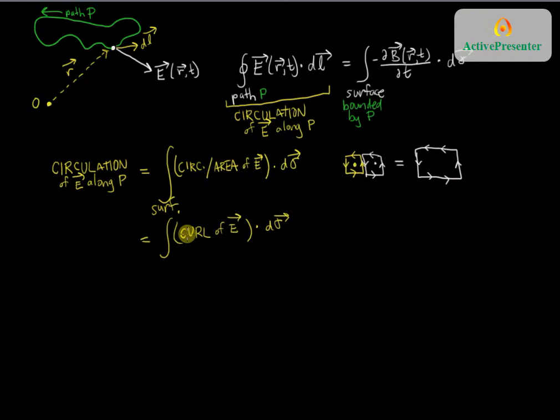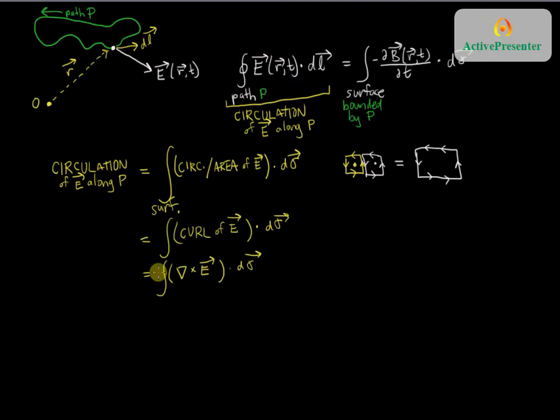And now mathematically, it turns out that the curl of E can be written using a del operator, as something you've seen in your math courses. The mathematical definition of curl is del cross E dot d sigma.